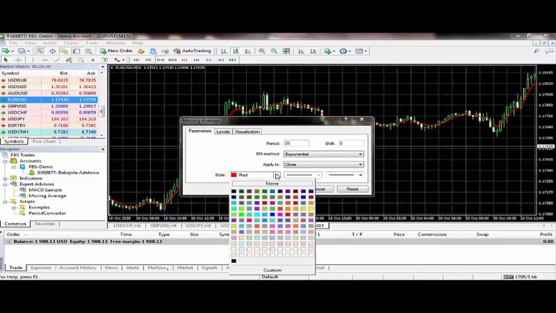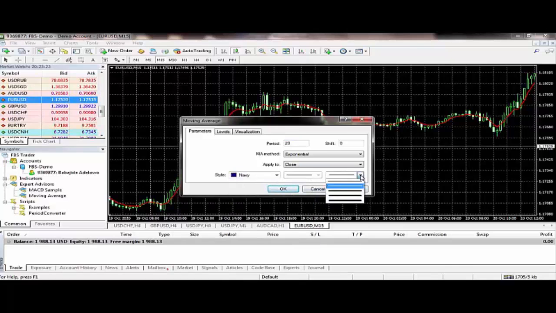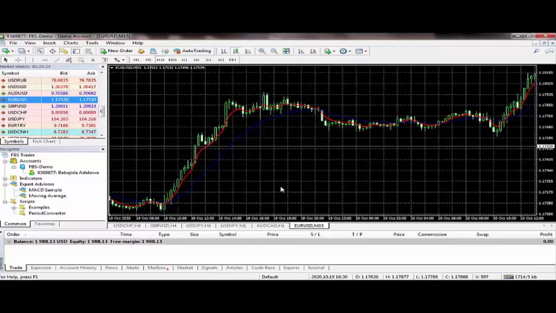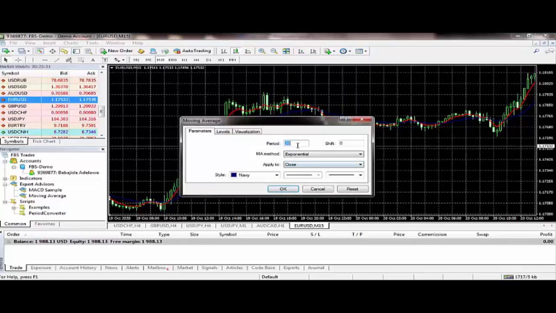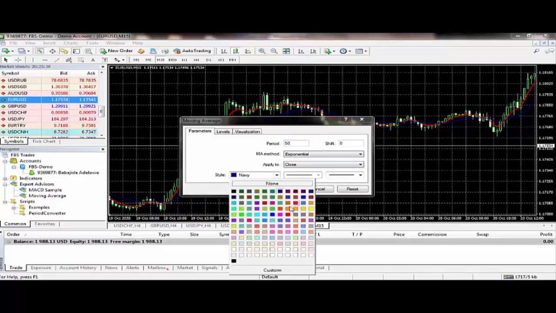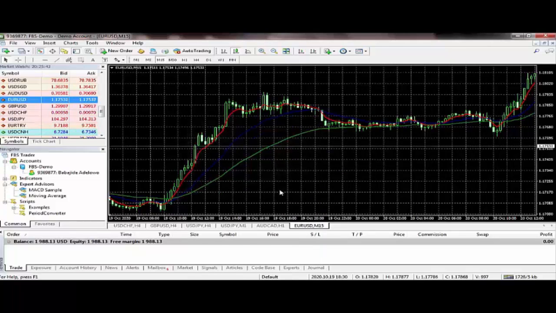Let me make this one red, and let me make this one blue. You can always change all of these things. Then the third one is moving average 50. Come here again, moving average, just put 50 here. Then change the color again. Let's make it green. Okay, good.